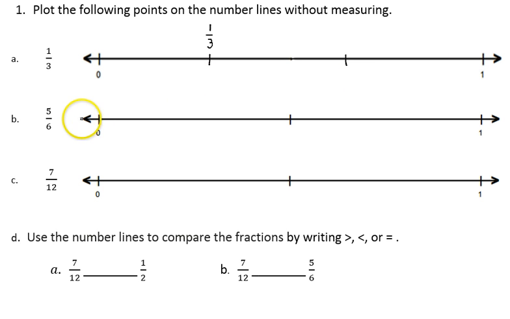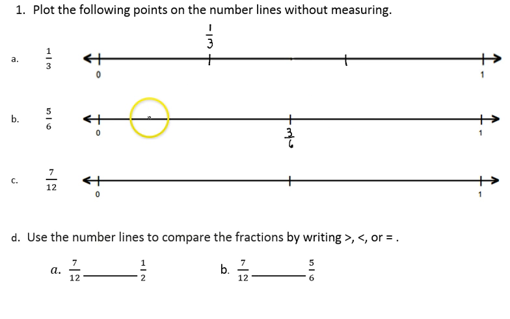If I move down to my 5/6, I can see that the number line has the halfway point marked. If I'm dealing with sixths, the halfway point would be 3/6. That means I need to divide each half into 3 equal pieces, and that will give me my sixths.